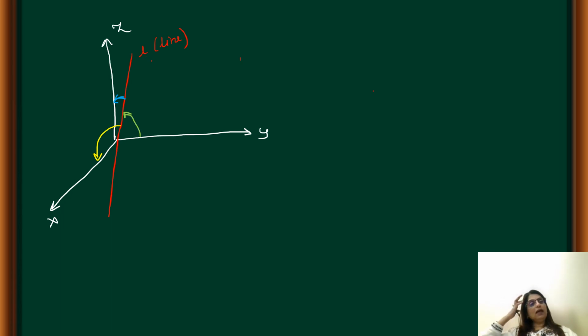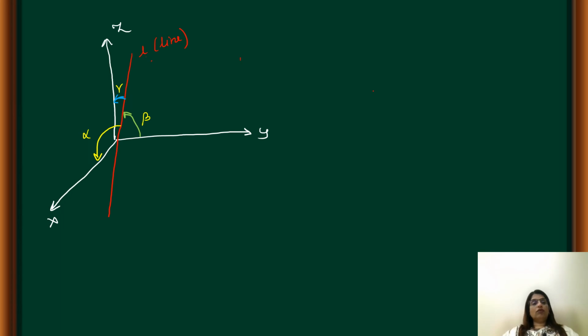We know that the line makes angles alpha, beta and gamma with the x, y and z axes, correct?